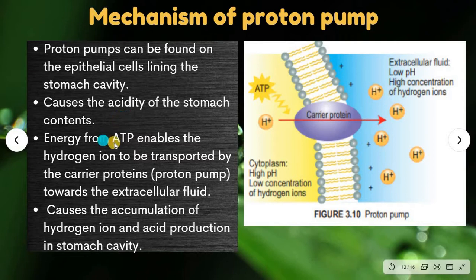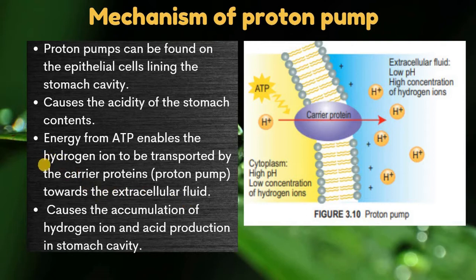Energy from ATP enables the hydrogen ion to be transported by the carrier protein. So energy is required here to enable the hydrogen ion to be carried out of the cell towards the extracellular fluid.